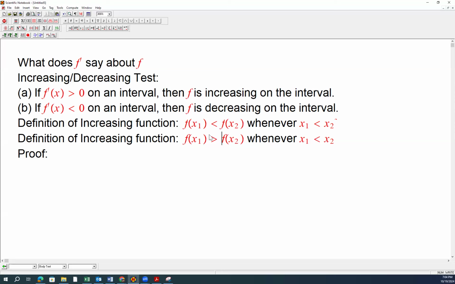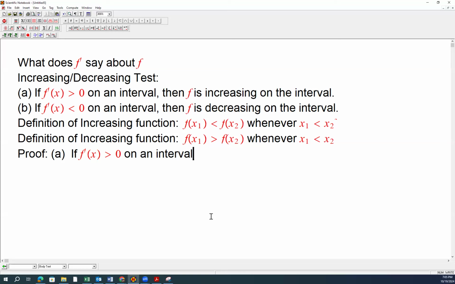So let's see how we're going to prove this theorem. We prove this theorem using the mean value theorem. We're going to prove the first case, A. We assume that the derivative of the function is positive on an interval.